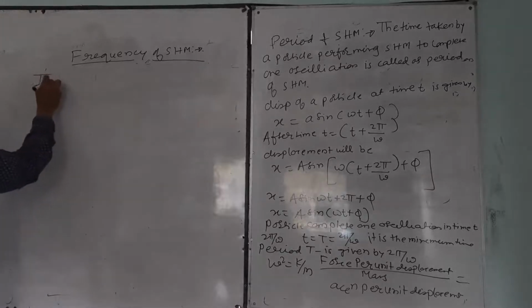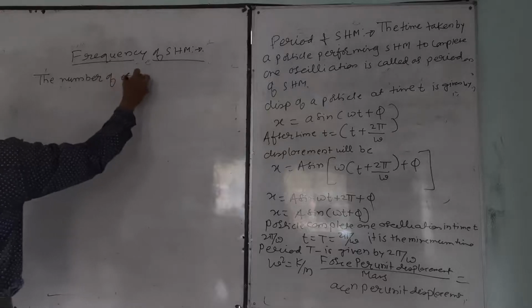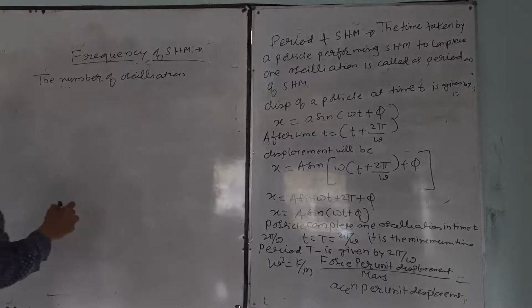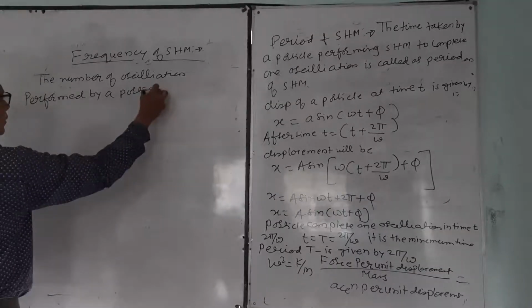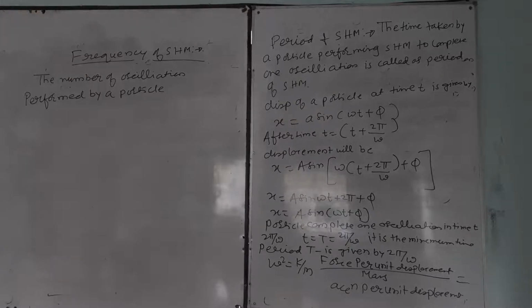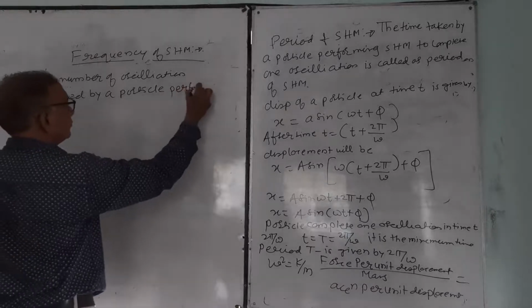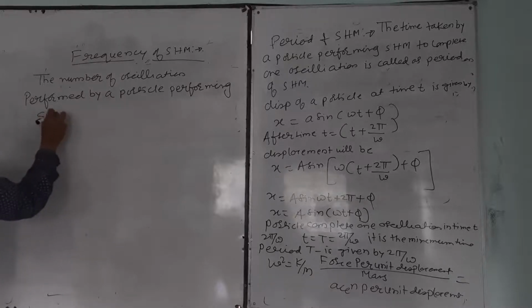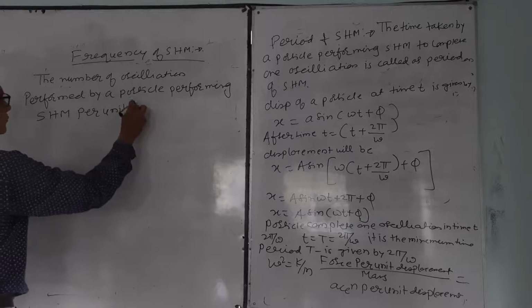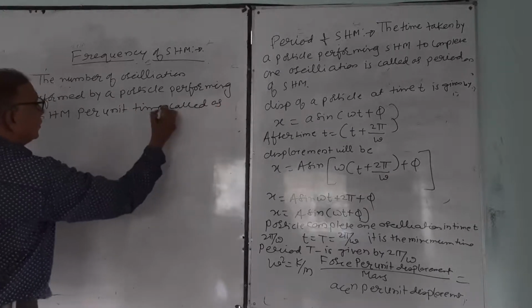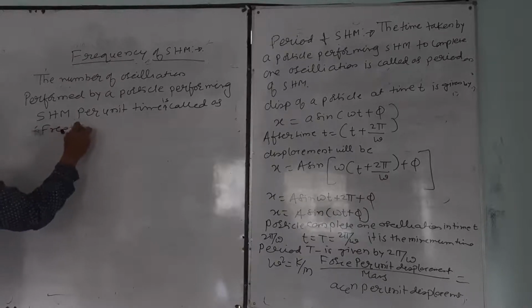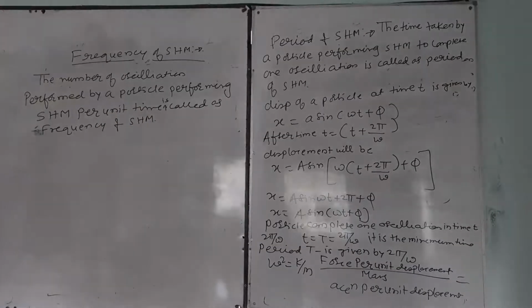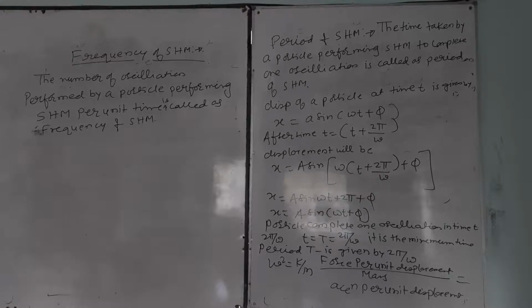The number of oscillations performed by a particle performing SHM per unit time is called the frequency of SHM.